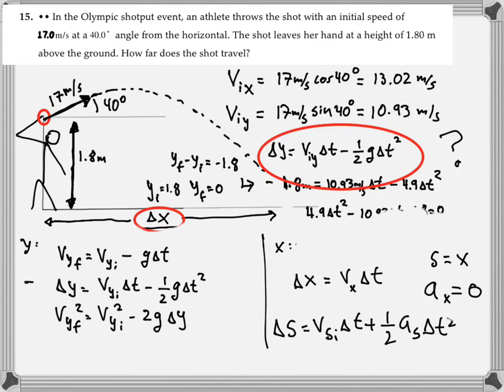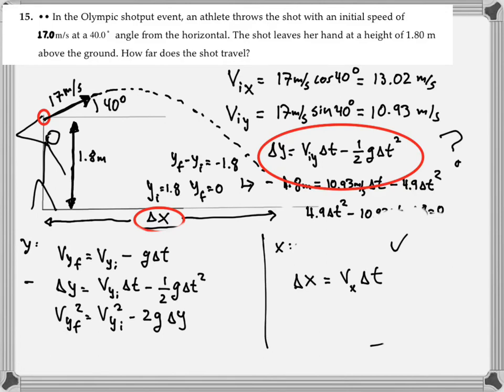But remember that in the horizontal direction for a projectile, there is no acceleration. a_x is 0. So if a_x is 0, this term here is 0, and you get delta x equals Vx times delta t.